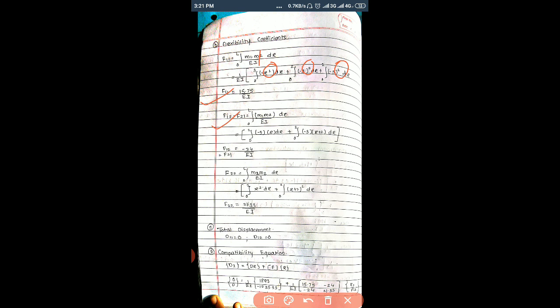Then F12 and F21 is m1 into m2 between the integration limits 0 to L. So we will multiply m1 and m2. So we will get this F12 and F21 coefficient, and this F22 coefficient is m2 into m2. So m2 square, that's why we have done square over here. So we will get all the 4 coefficients.